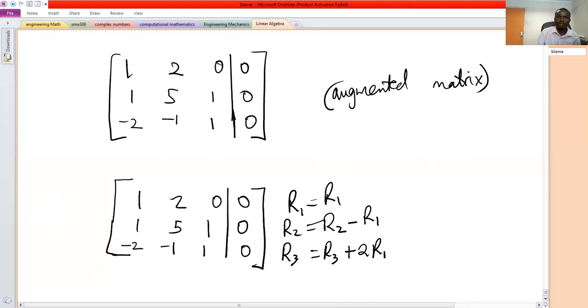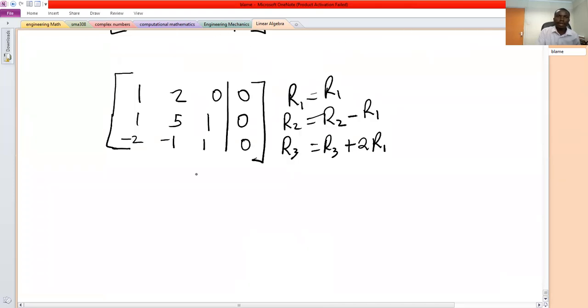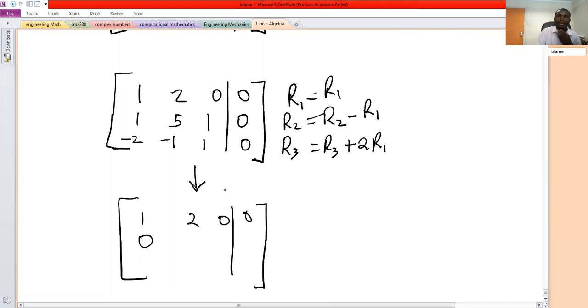This gives me 1, 2, 0, 0; 0, then 5 minus 2 is 3, 1 minus 0 is 1, 0; and then minus 1 plus 2 times 2, which is 3, 1 plus 2 times 0 is 1, and then 0.